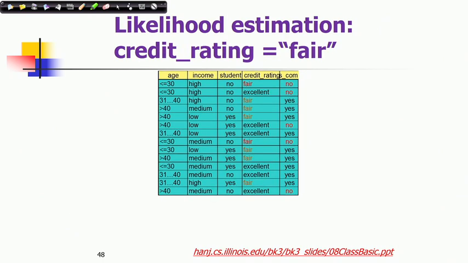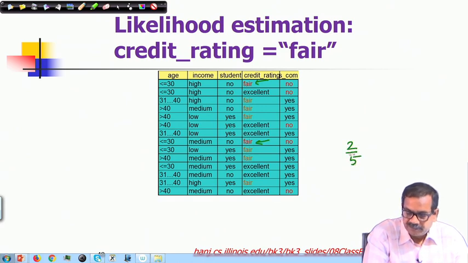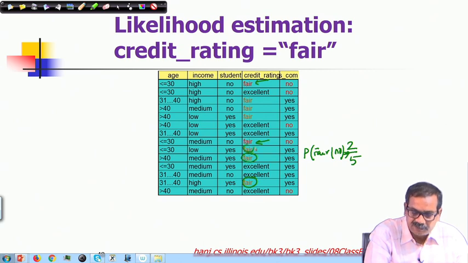The next attribute we will be considering is credit rating, where given the data we have credit rating equals fair. These are the instances when persons are not buying computer and have the attribute value of fair credit rating, which means you will have 2 by 5 given the class no, and for yes you have 3, 4, 5, 6.